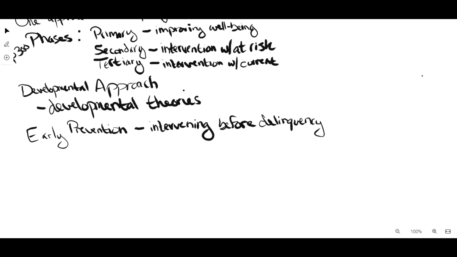If our chapter that we're talking about right now is delinquency prevention, early prevention is the goal. That is the dream. That is intervening before delinquency has a chance. And like I said, there are a lot of sub ways that can happen. So I'm just going to list a couple.